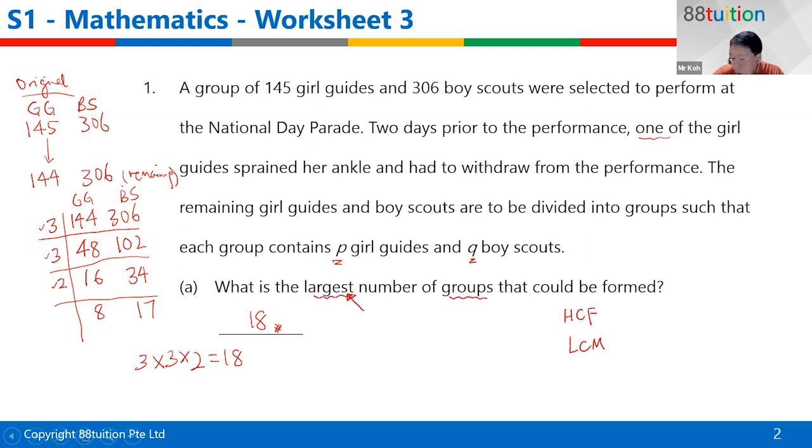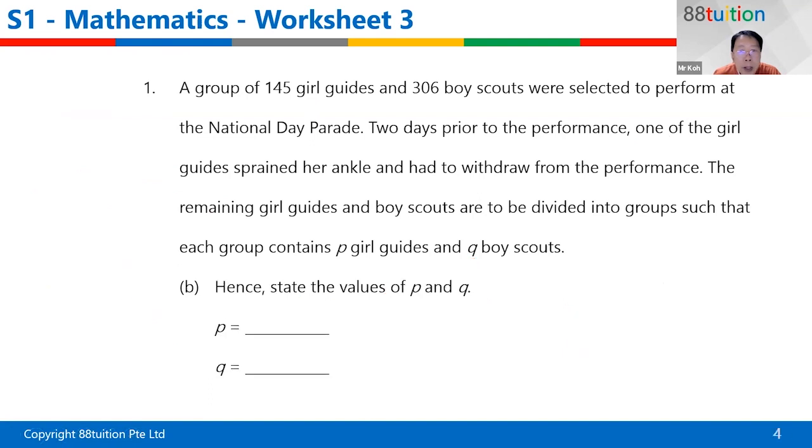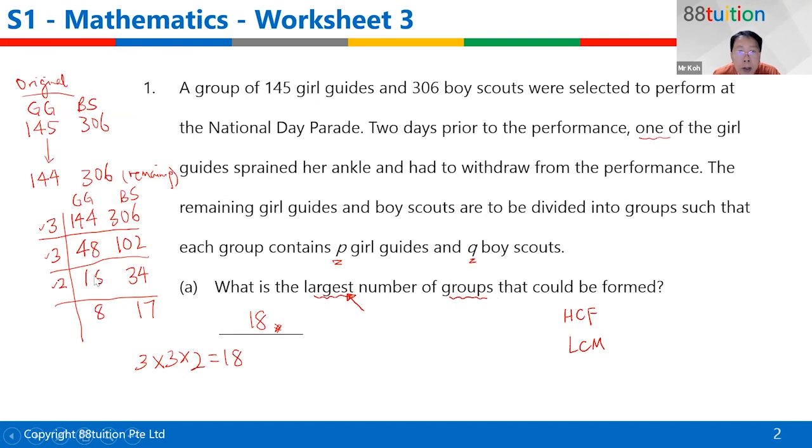So the next question they ask: state the values of P and Q. They ask you, each group contains how many Girl Guides and how many Boy Scouts? So I go back to the question just now. On the side here, I put down, this is the number of groups. This gives you the number of groups.